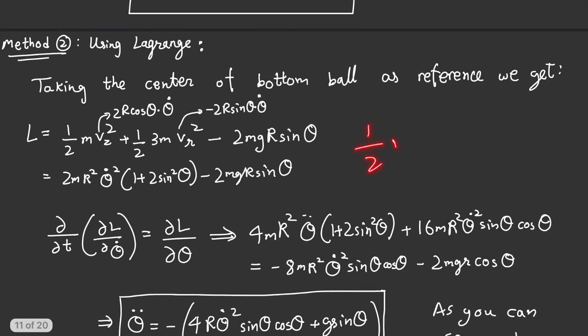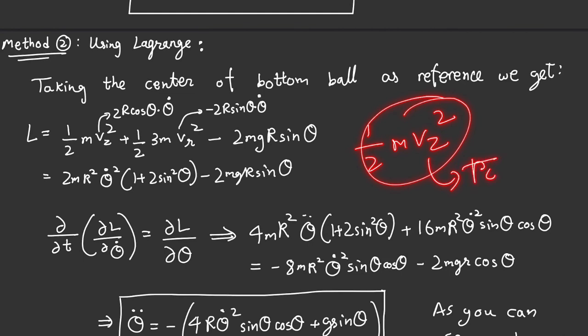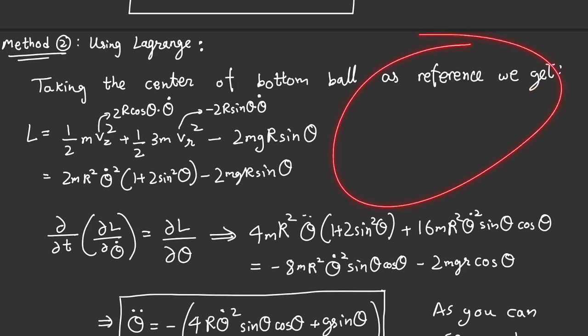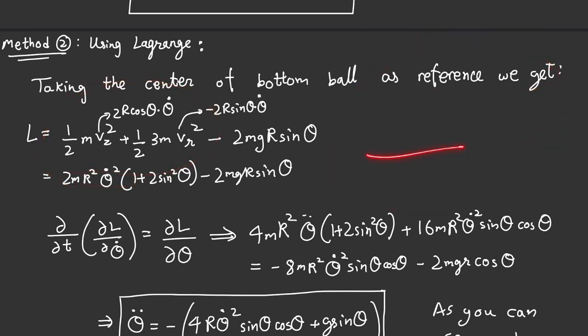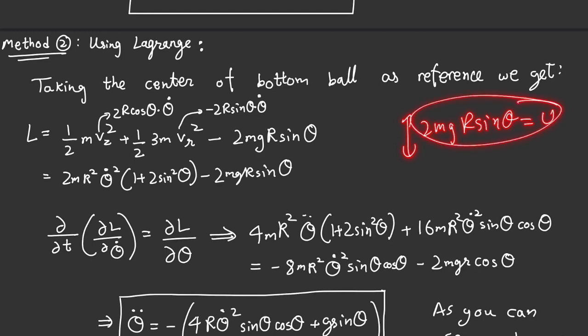We can straight up write the kinetic energy to be half m vz square, which is the top ball's kinetic energy, plus half into 3m into vr square, which is the three bottom balls' kinetic energy combined. That would be the total kinetic energy, and then we subtract the potential energy, as we have taken the bottom ball as a reference. The top ball above it would be at a distance 2r sin theta, so the potential energy is 2mgr sin theta.